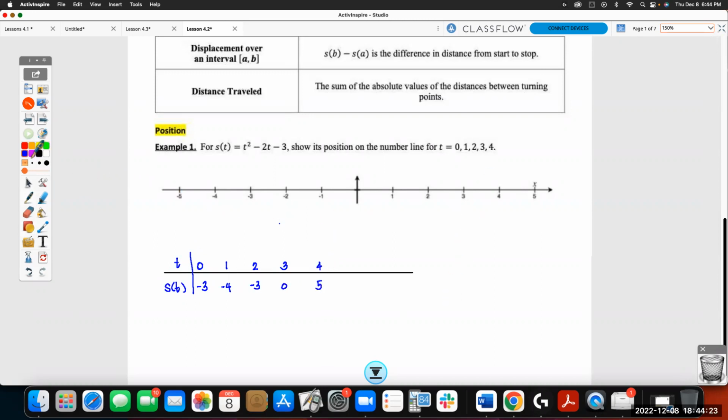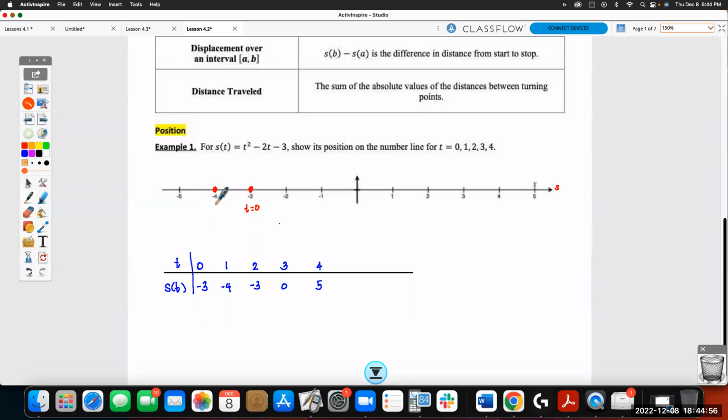So let's plot this on the number line. This is your t function, and this is your x-axis, your position. So when t is equal to 0, your s of t is at -3. That's the starting position. And then at t equals 1, your s is at -4.